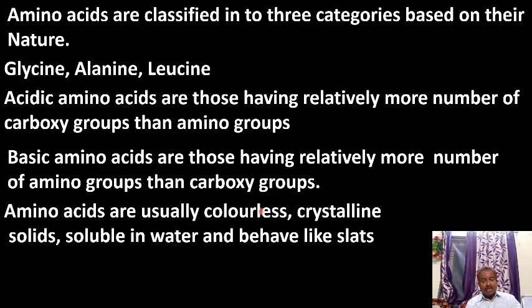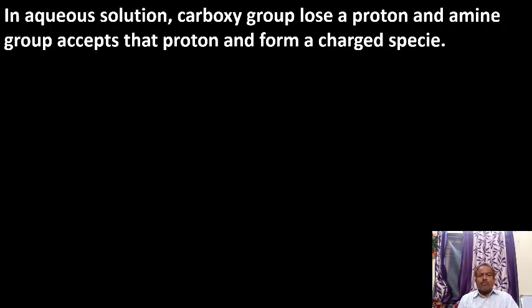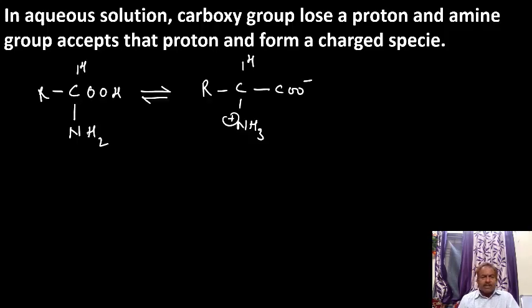Amino acids are usually colorless, crystalline solids, soluble in water and behave like salts. In aqueous solution, the carboxy group of an amino acid loses a proton and the amine group accepts that proton, and hence forms a charged species. So here this is the amino acid and this proton is lost, therefore this becomes COO minus, and this proton is accepted by the NH2 group, therefore this becomes NH3 plus.